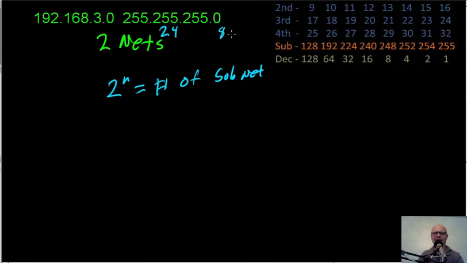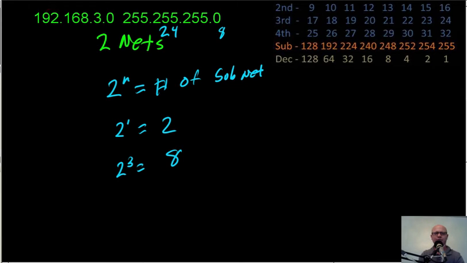Now we have 8 bits to play with here. If we do 2 to the 1, that's 2, so that gives us 2 networks. Let's say, for example, we needed 8 networks. 2 to the 3 is equal to 8, so if we borrowed 3 bits from the host portion, that would give us 8 networks.